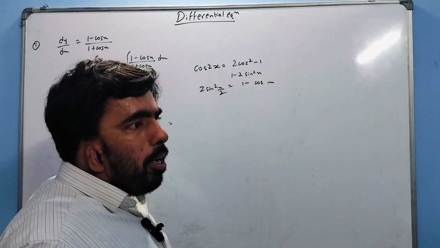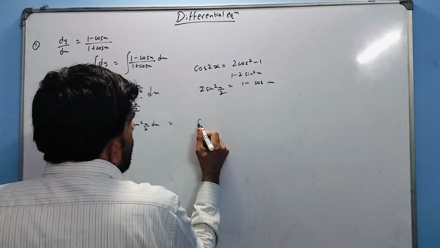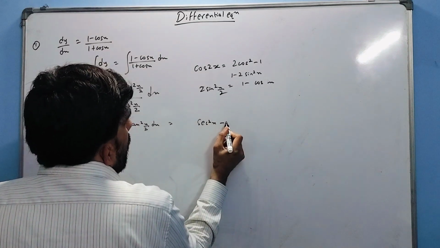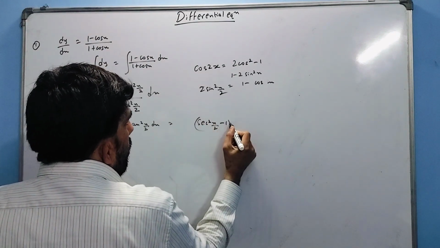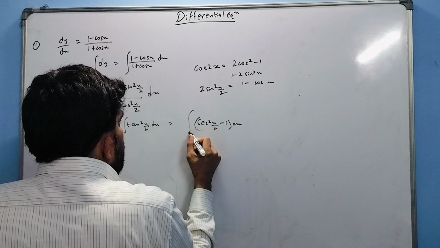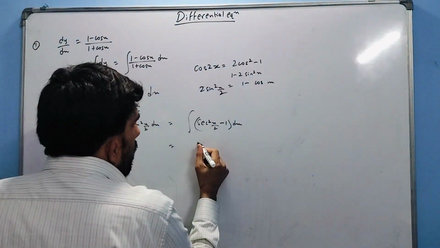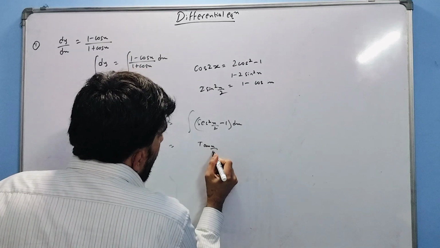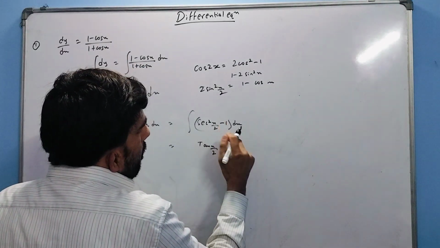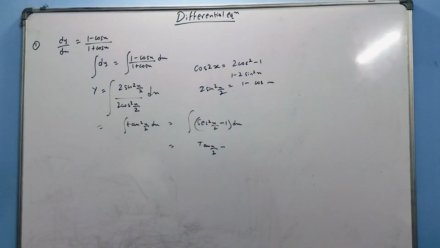So tan square x will be sec square x minus 1. So here sec square x minus 1. Okay, so now we have this. We all know the integration of sec square x by 2 will be tan x by 2, and here we differentiate with there, so we can find this.